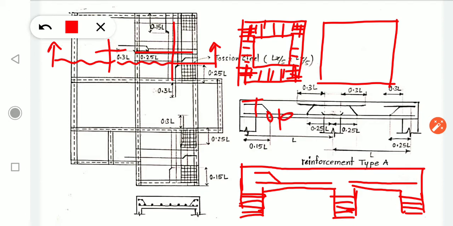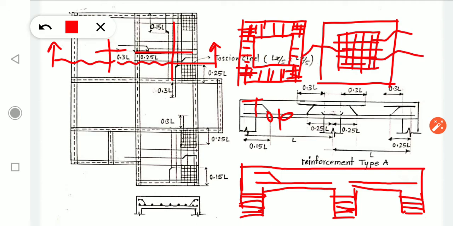And where did that come from? That came from the middle strip. Whatever reinforcement you provided in the middle strip, alternate bars of that middle strip are bent up, upside like this. Okay, and when you bend the middle strip bars upside, they will be visible on the top side in the plan of reinforcement detailing, right?